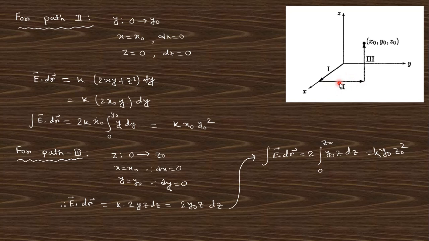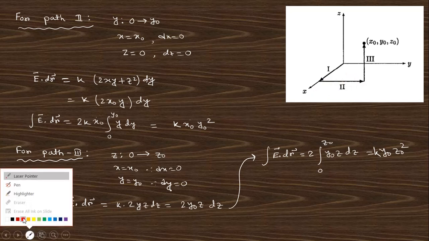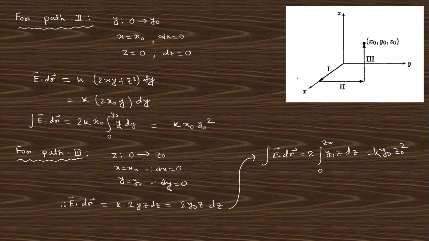Next, for path 2, the change goes from (x0, 0, 0) to (x0, y0, 0). Here only y changes from 0 to y0, x is constant so dx is 0, and z is 0 so dz is 0. Only the dy term exists and z equals 0, so the integrand is 2x0 y.